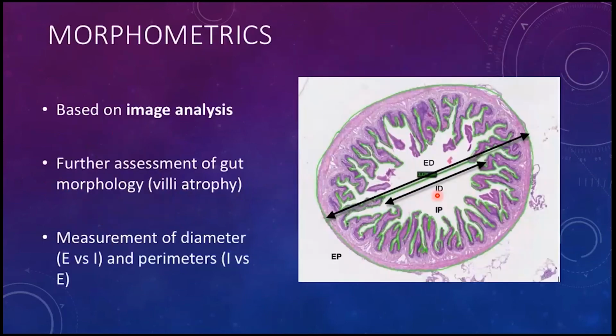Okay, so keeping in mind this concept, what we try to investigate with morphometrics is to take different measurements that can be used as indicators of this reduction of villi height, of this atrophy of the intestinal folds, and at the end of the day can be useful as indicators for gut health.